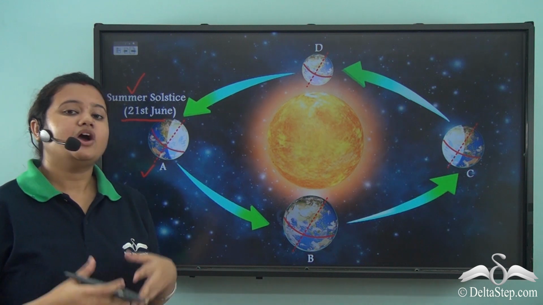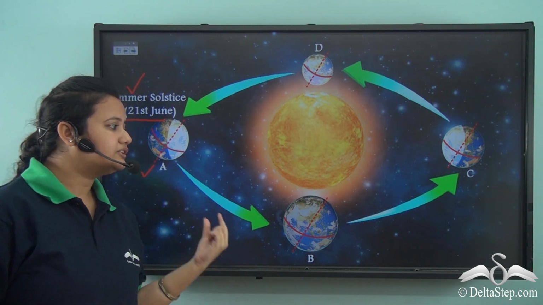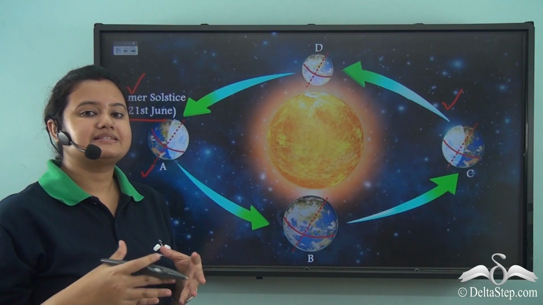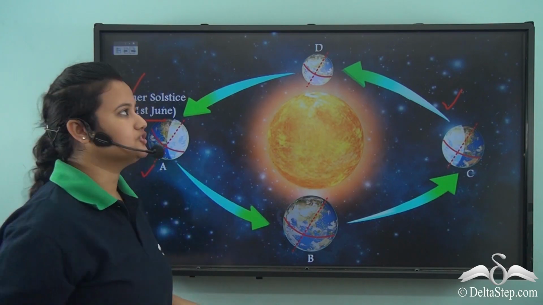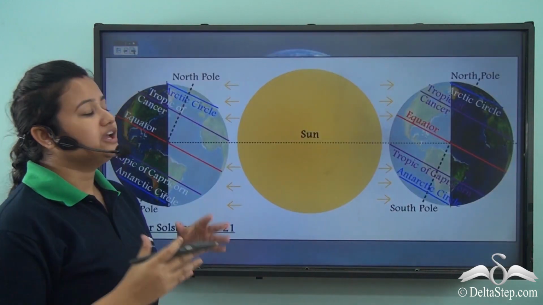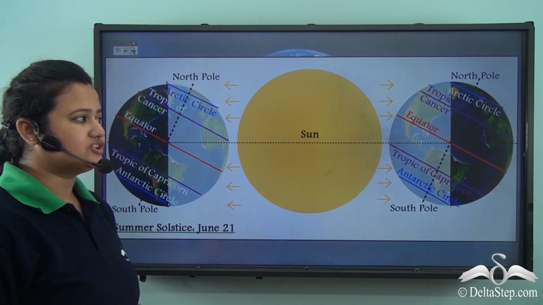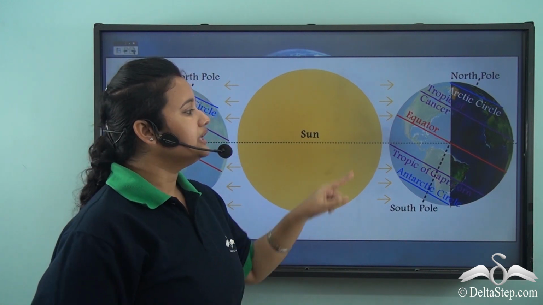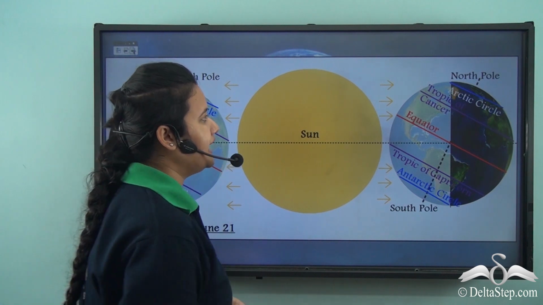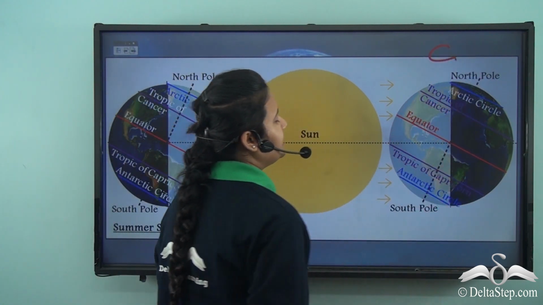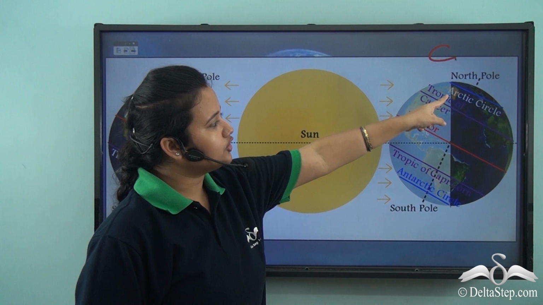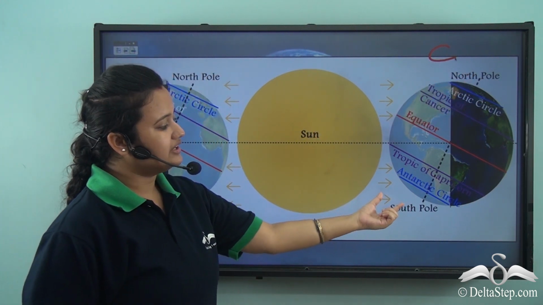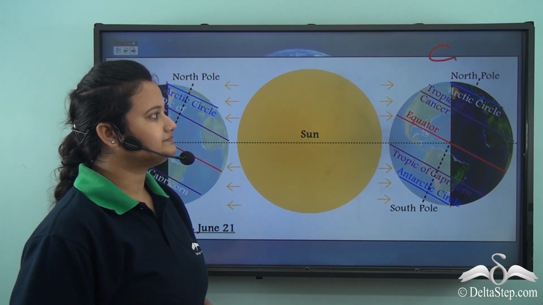Now let us see what happens as the earth revolves and shifts to position C. Well, let's again zoom into this picture. So if we zoom into the previous picture, then our earth will look something like this. So this is the condition of the earth at position C. Here we find that the northern hemisphere is tilted away from the sun while the southern hemisphere is tilted towards the sun.